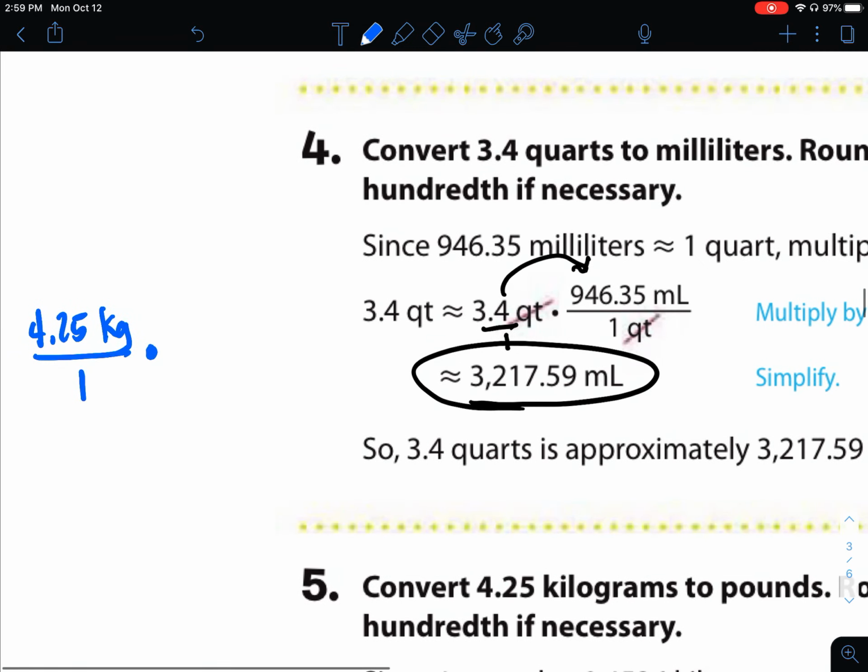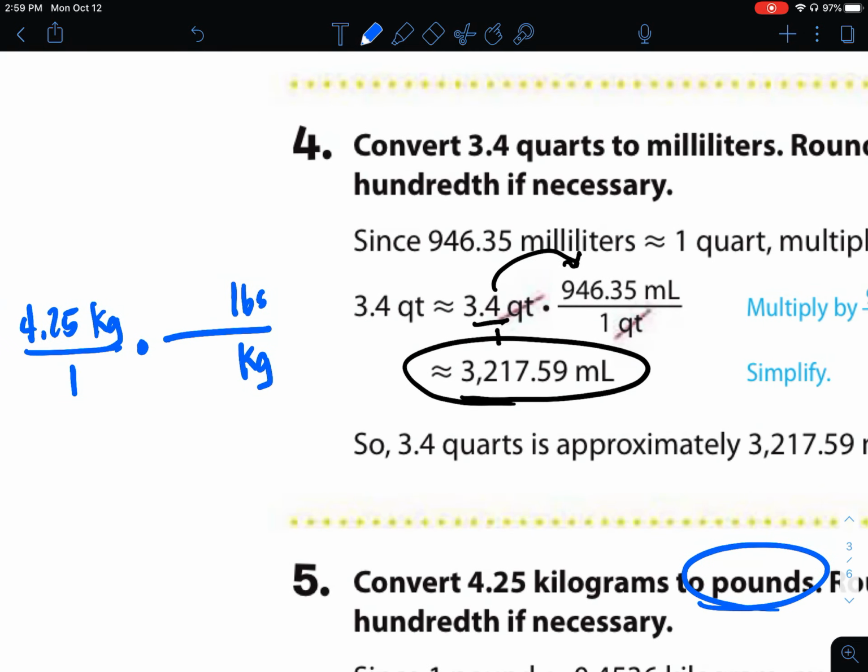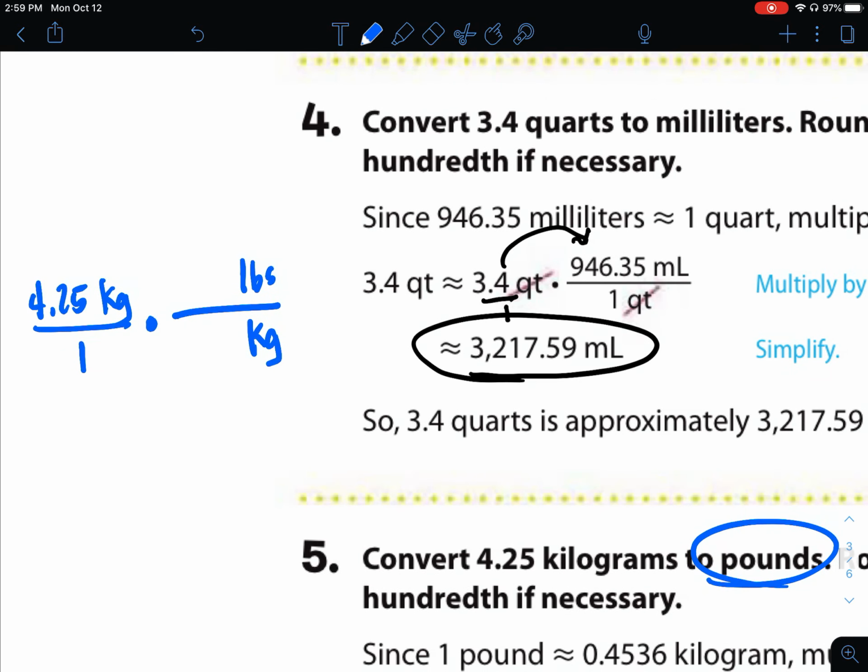So we want to convert it into pounds. So we know the denominator of our conversion factor would be kilograms, and we know that the numerator, since we want to convert it to pounds, will be pounds. LBS is the shortcut for pounds. And we go back to our table. Let's see if I can paste my table here.